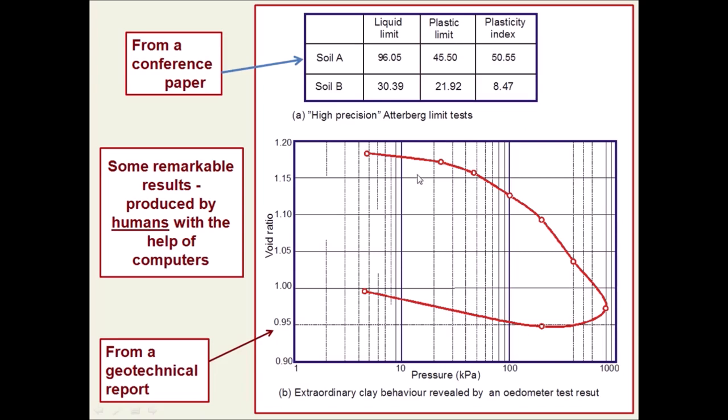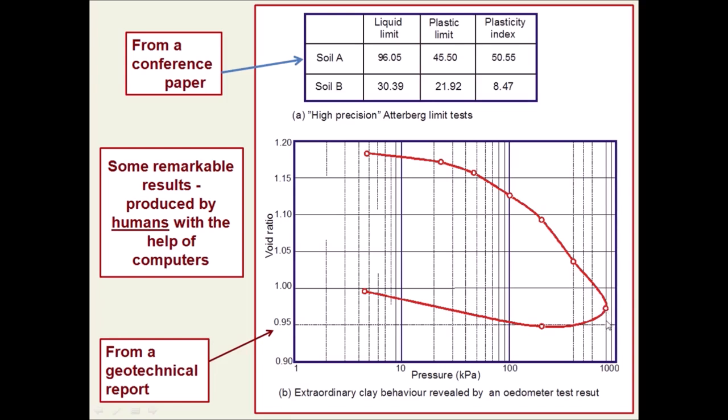This is a rather remarkable odometer test too. That was actually in the report of a quite reputable company, not a New Zealand company, but a company that operated in a number of countries, and it was put into the report. It was fed out of the computer, and whoever put the report together just put it in. I suspect that they wrongly put that data point in.